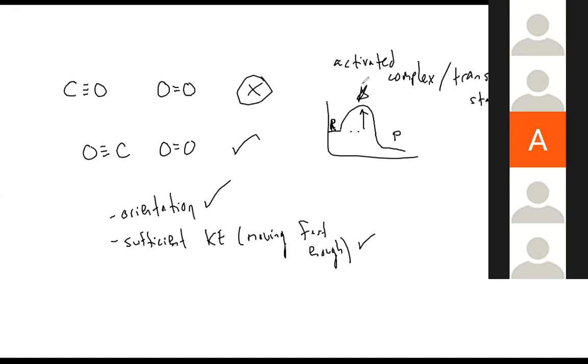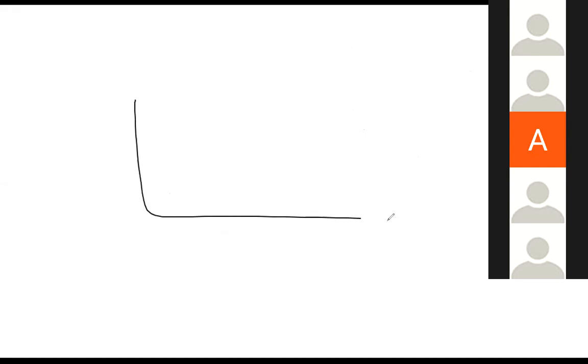All right. So in this context, someone tell me, this is my reaction profile like this. Here's the activation energy. Someone tell me, what does the presence of a catalyst do to this graph?